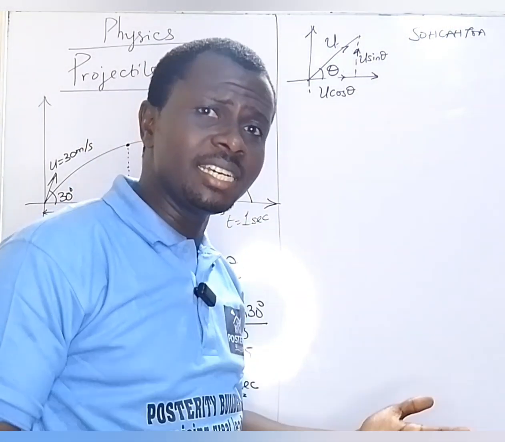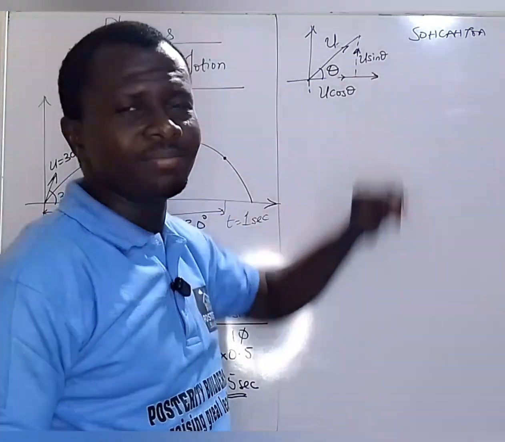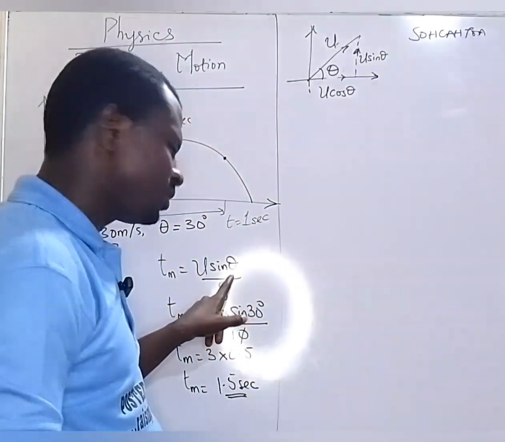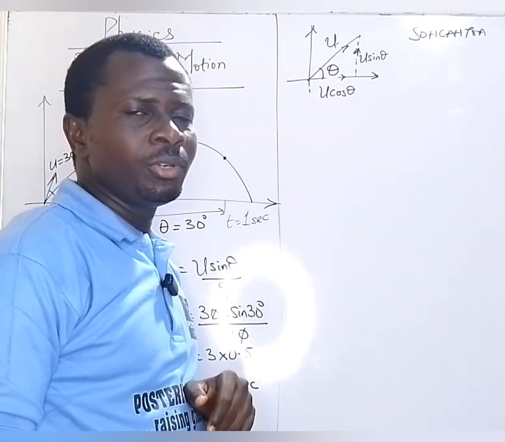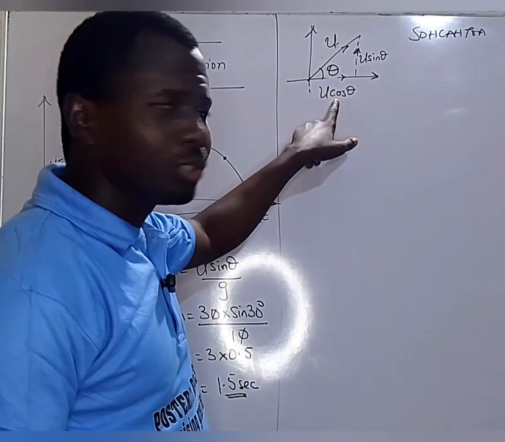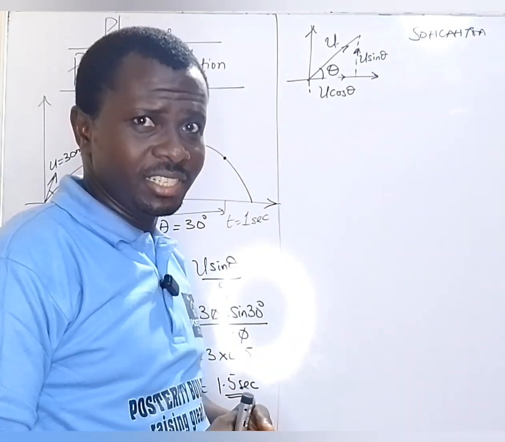If you are talking about height, or time to reach the maximum height, we use U sine theta. But anytime you are dealing with range, you have to use U cos theta. Do you understand?